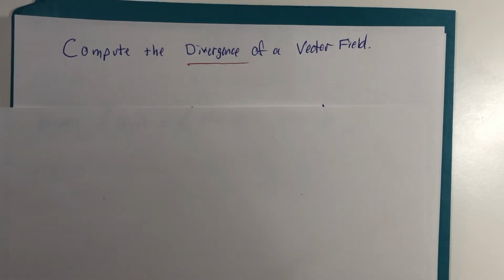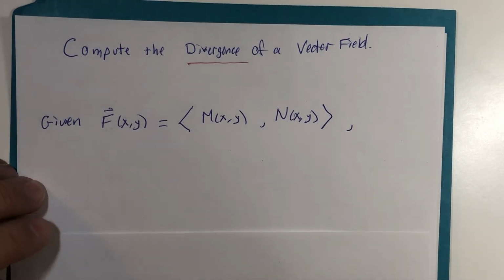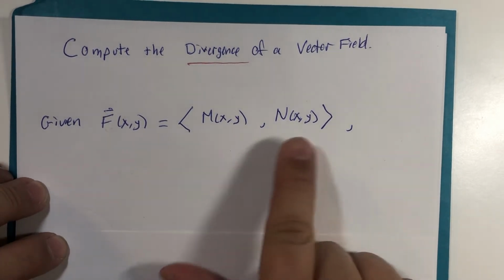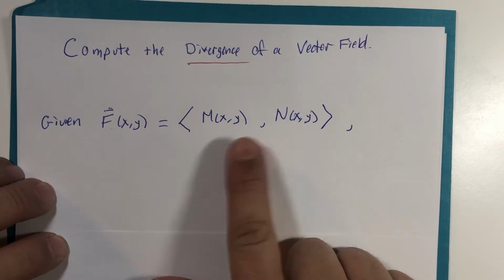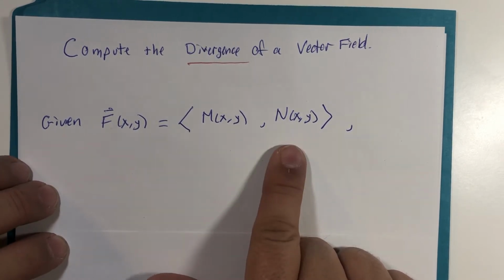So, given a vector field, in this case that has two components, and remember, each component can have variables x and y in them. So these are functions or scalar functions.